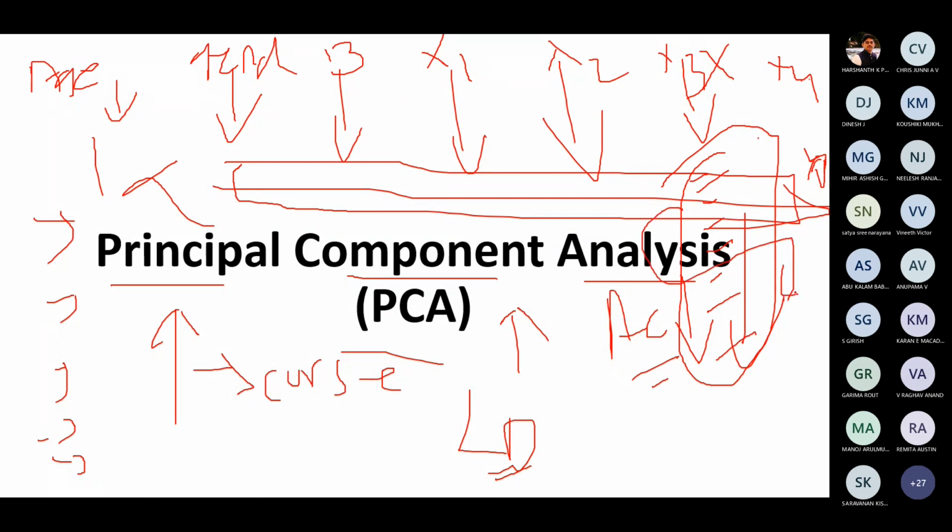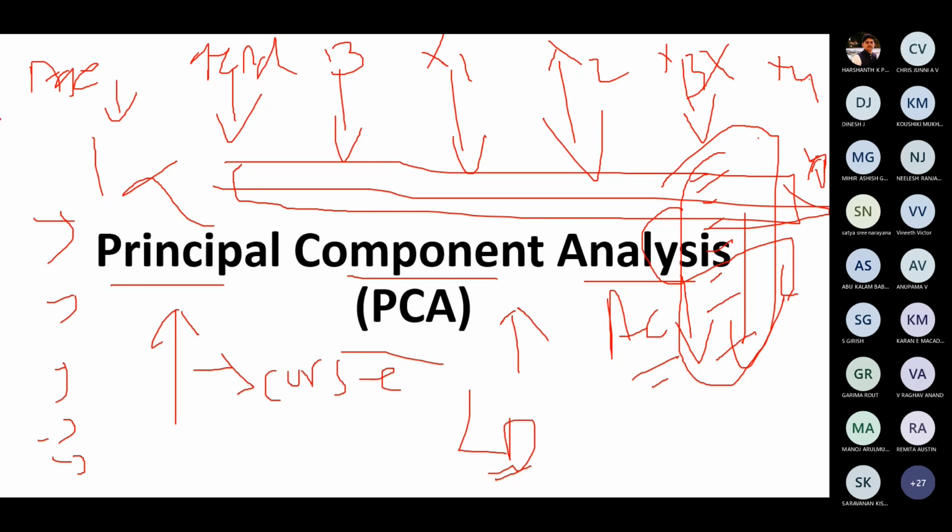Keeping the column may decrease the accuracy, or removing the column might also decrease the accuracy. So while removing, I should be very careful about which particular feature of the dataset is to be removed.